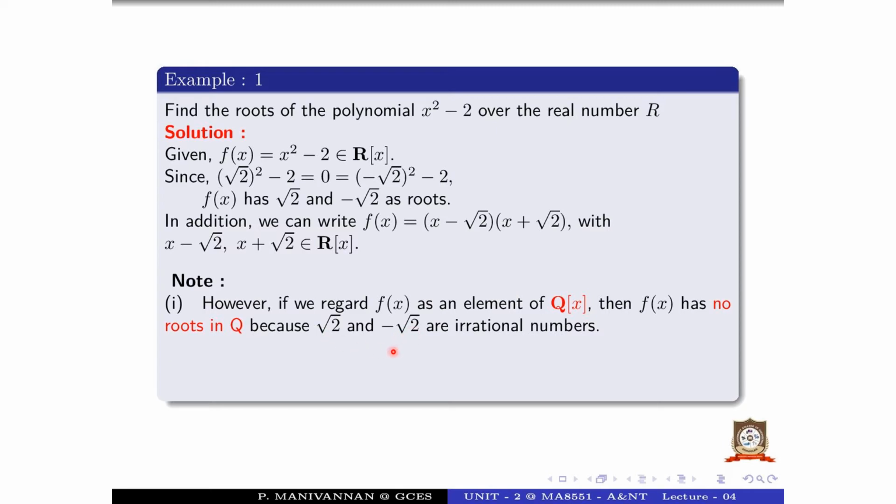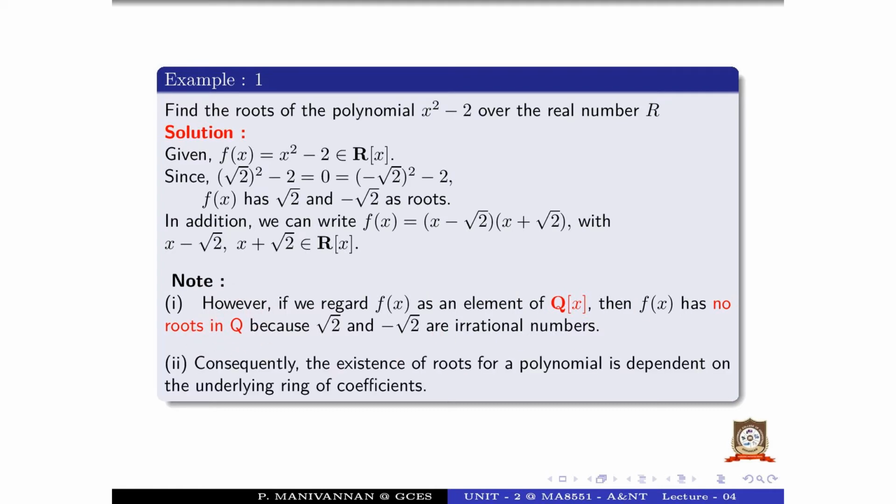These two values are irrational numbers, not rational numbers. So if this polynomial is over Q, then it has no roots over Q, since the roots are irrational numbers.